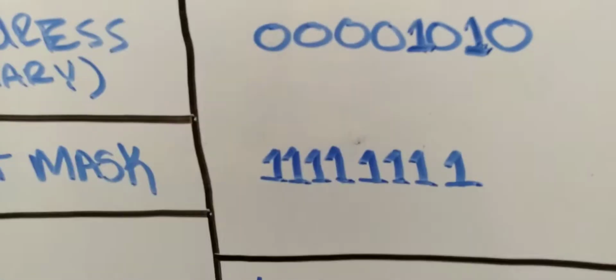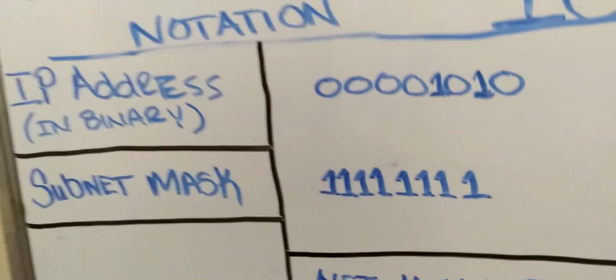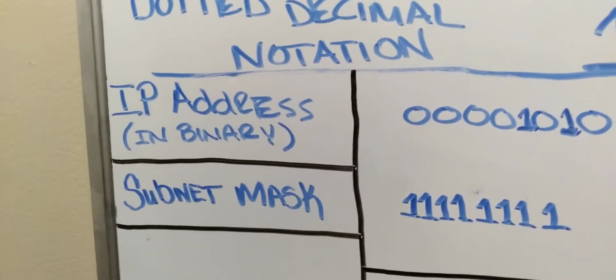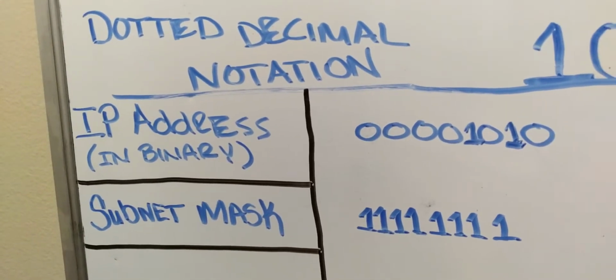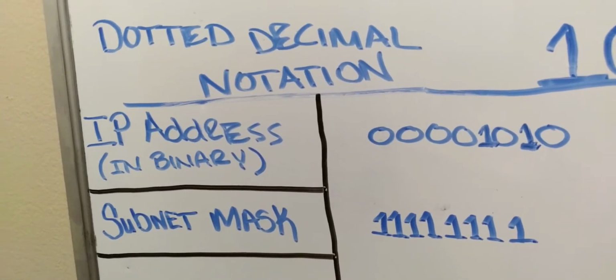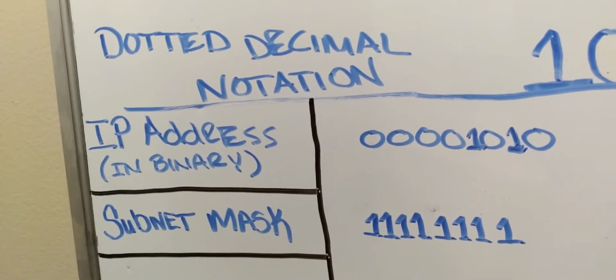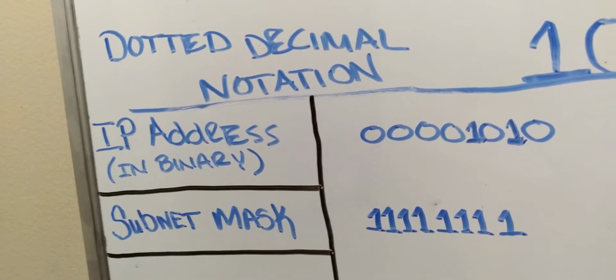The subnet mask comes in when, for example, on the board, we have 8 binary ones followed by 24 consecutive binary zeros, and that's what subnet masks are always going to look like.